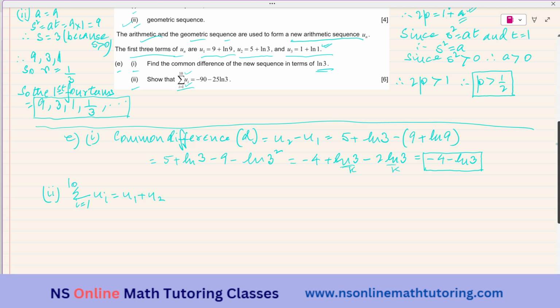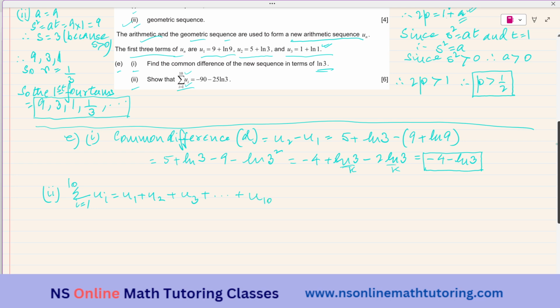First of all, expand this. Just to show what the sigma notation is, it is just the shortcut way of writing an expanded expression. Okay. So plus u10.